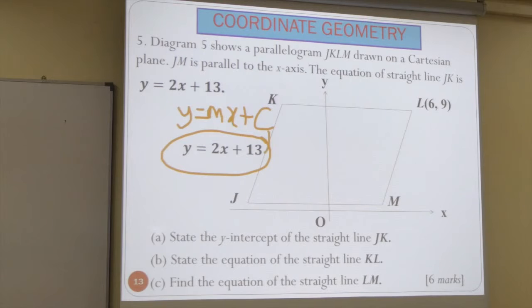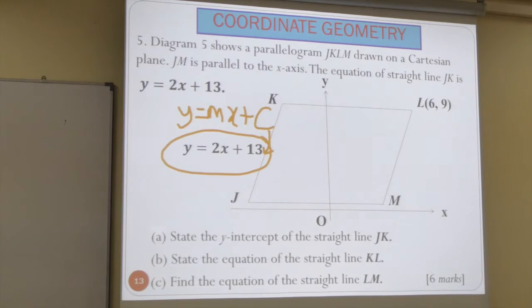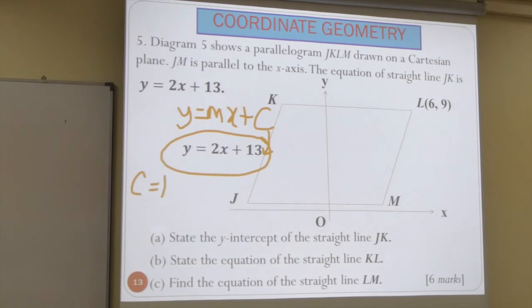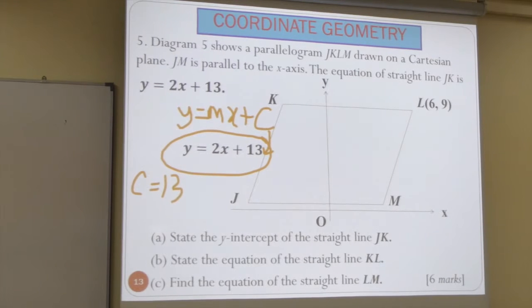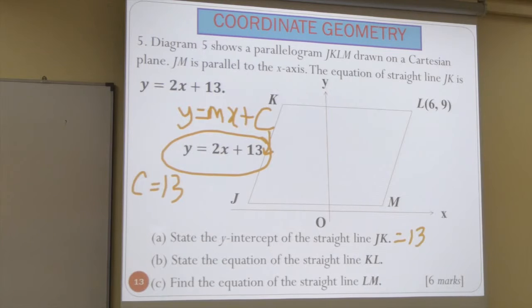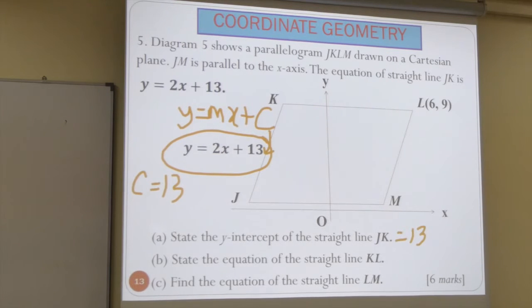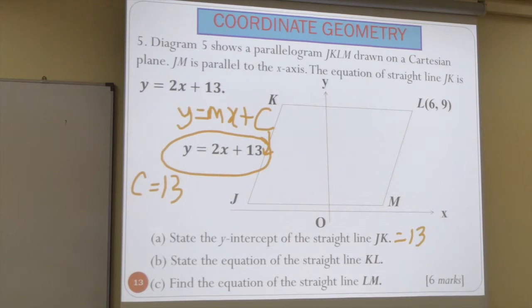So c you know very clearly, c is 13. And what does c represent? The y-intercept. So therefore, what is your answer for this? 13. Very good. That is the first answer for A. Clear? Good.